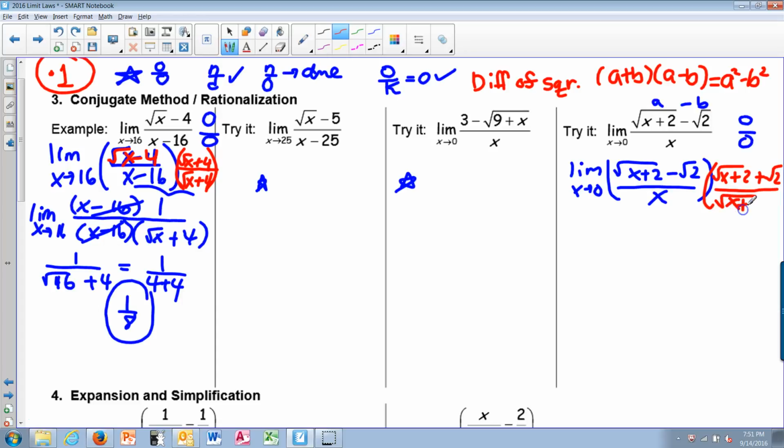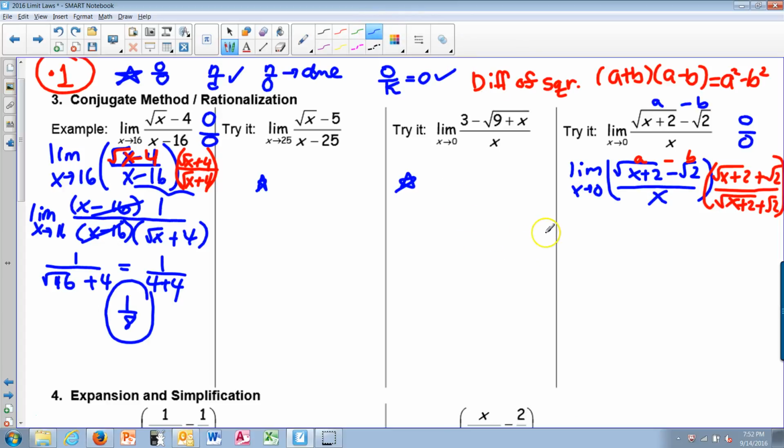Notice I'm only changing the signs between the conjugate parts. Notice that I didn't change the plus 2 because this was the a minus b part. So I didn't change a, I only changed the sign preceding the b term.